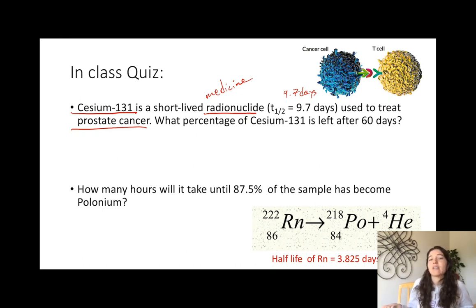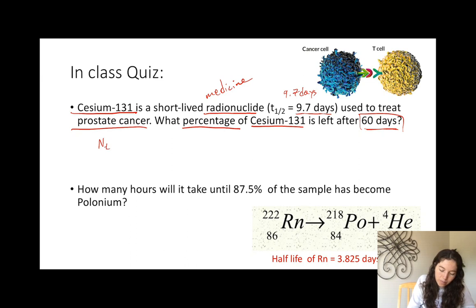So this question asks us to find what percentage of cesium-131 is left after 60 days. So we're good here on our time. It's in the same units, days and days, so we don't need to convert anything there. So let's write down our equation.